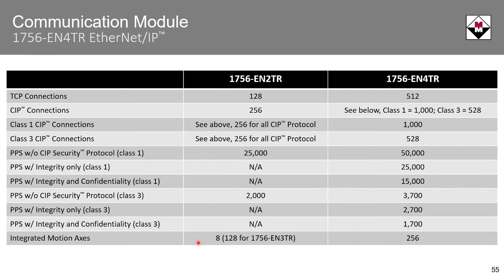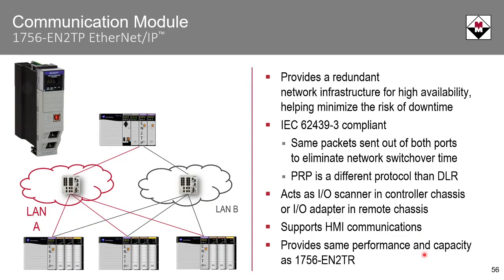And then another differentiator is motion axes. The EN2TR only supports 8 axes. The EN3TR supports 128, whereas the new EN4TR supports 256.